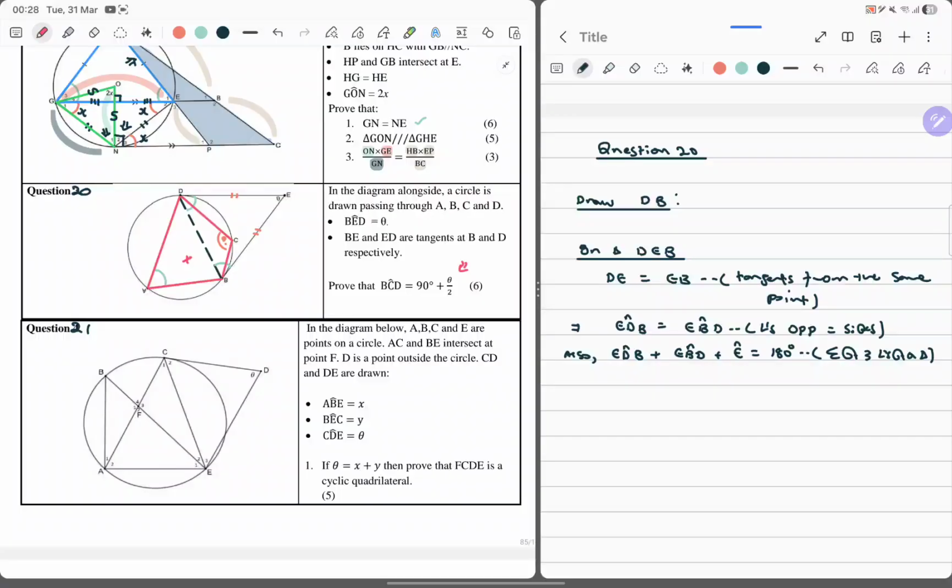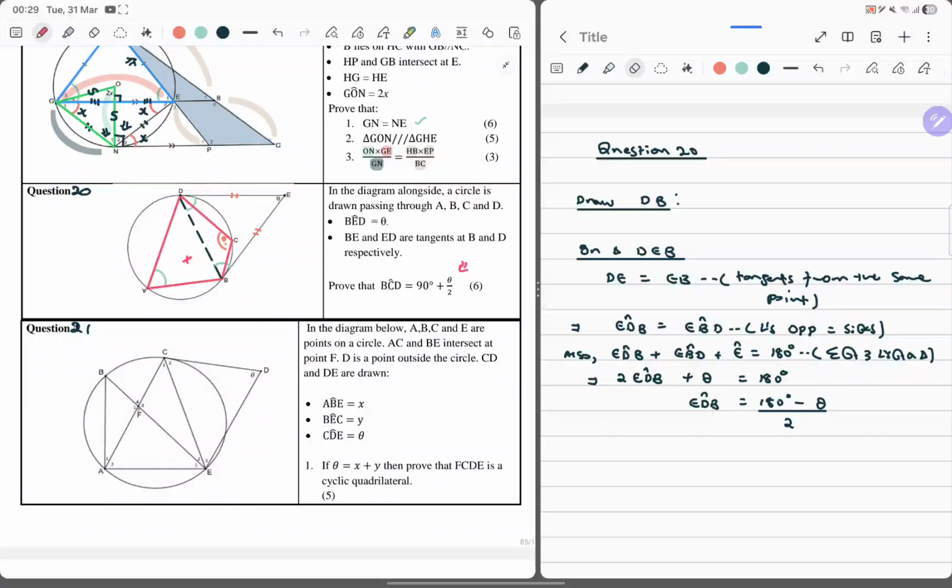We're still talking about that same triangle. Now we can choose any that we like. I'm going to choose EDB. So this is going to be 2 times EDB, because those are equal, plus theta equals 180 degrees. So that means angle EDB is going to be 180 degrees minus theta divided by 2.